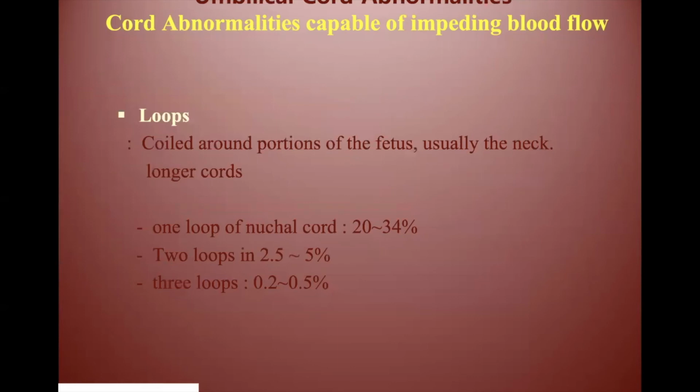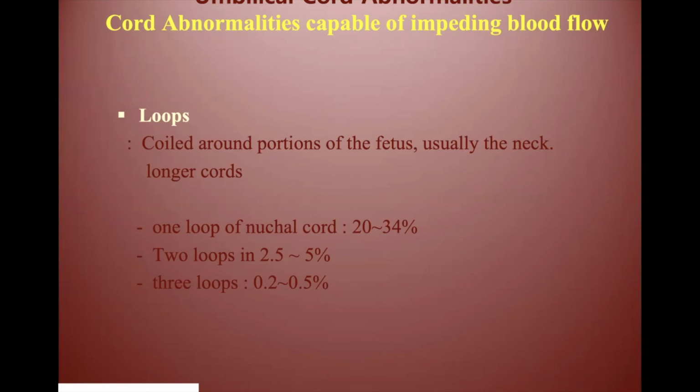Cord loops are frequently encountered and are caused by coiling around the various fetal parts during movements. They are more common with longer cords. A cord around the neck, a nuchal cord, is extremely common.